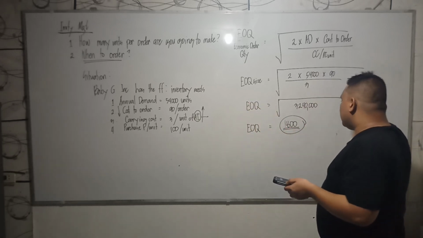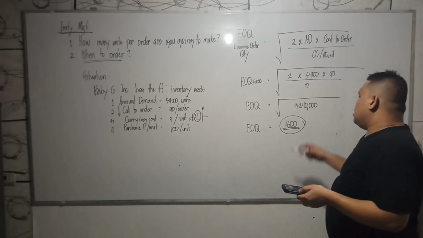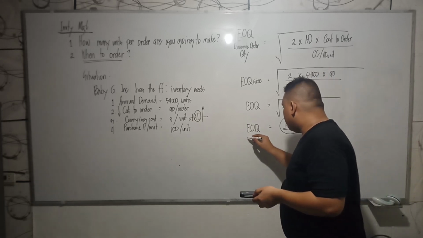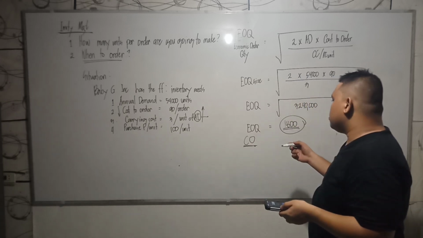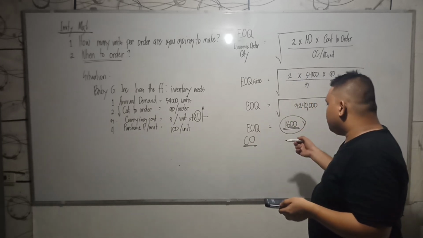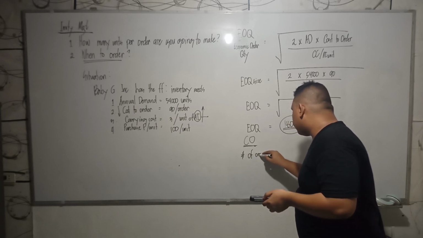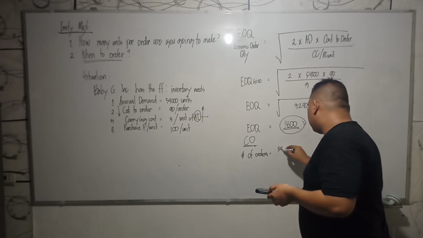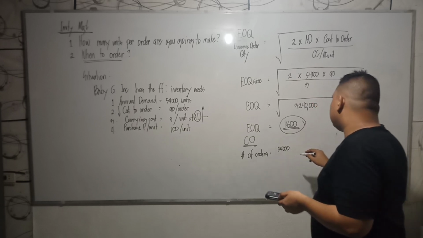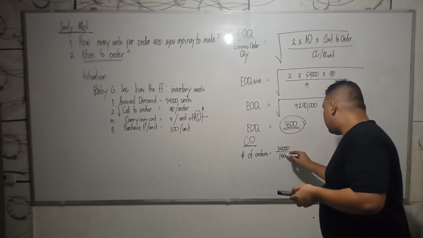The 40,000 and the 6,000, if I'm not mistaken. So, let's compute for total cost to order. Again, in order to compute the total cost to order, you have number of orders, which is equivalent to the annual demand, because that's what you need. And then this order size of 1,800.